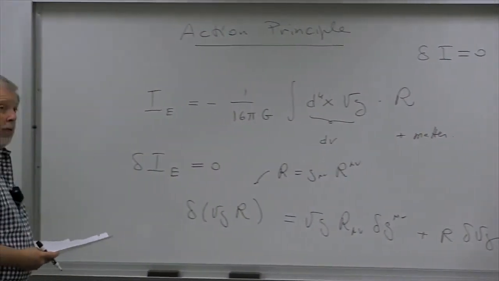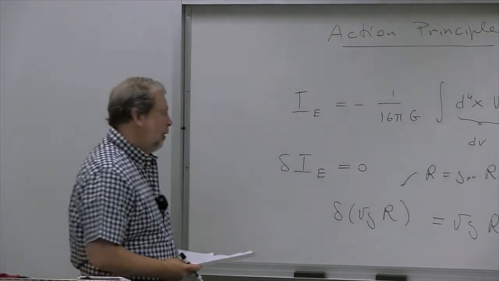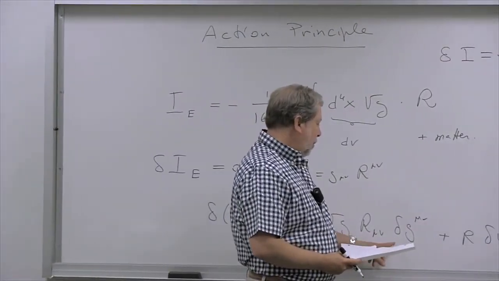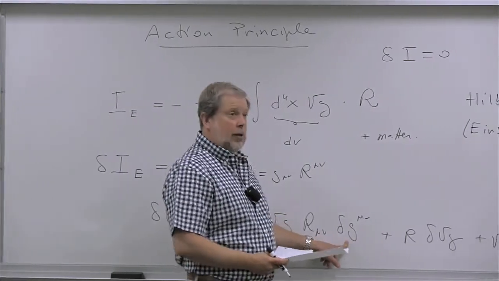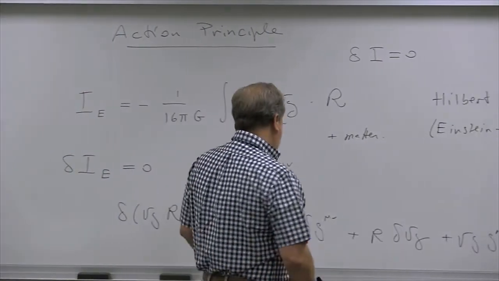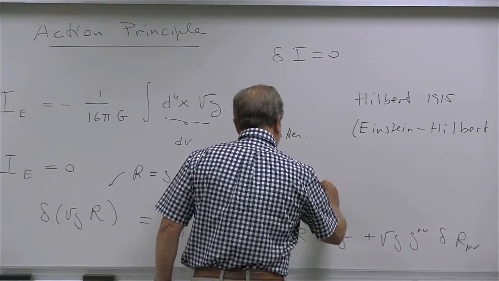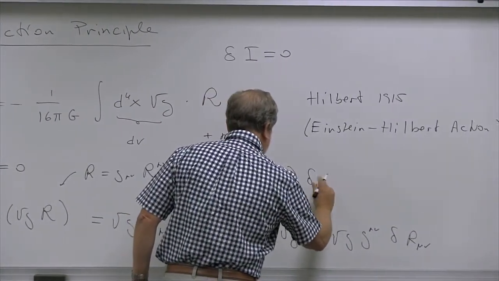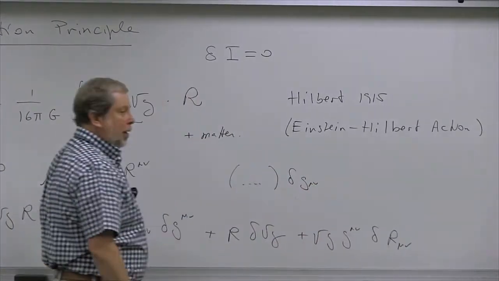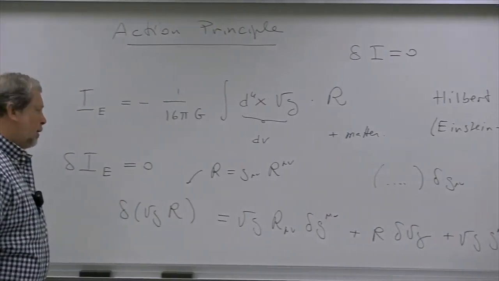And so we have to evaluate these variations individually, right? And, well, it turns out that the first term does not need much done to it because it's already in the correct form. We would like to write the whole variation as something that multiplies dg^{mu nu}. And it doesn't really matter that much whether the indices are upstairs or downstairs.